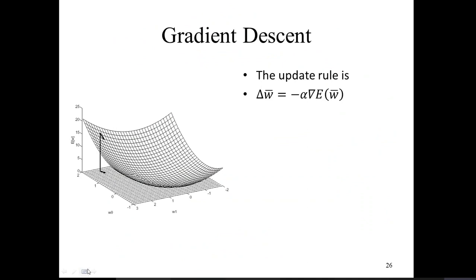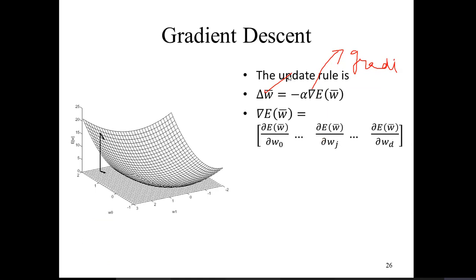This inverted triangle symbol is gradient. We say gradient because it's a vector, and this gradient is a vector of slopes dou E by dou W naught, dou E by dou Wj, dou E by dou Wd with respect to each weight.